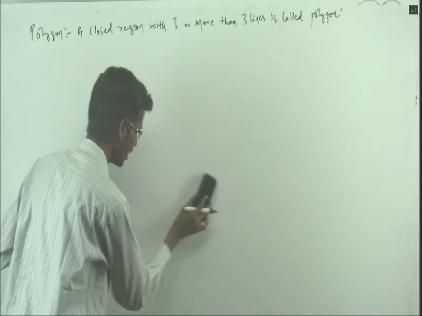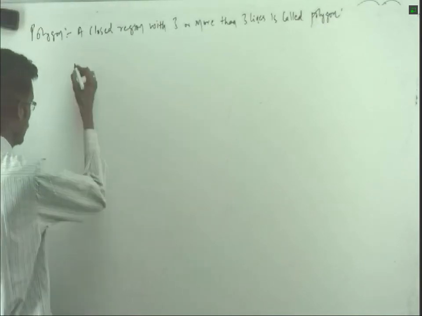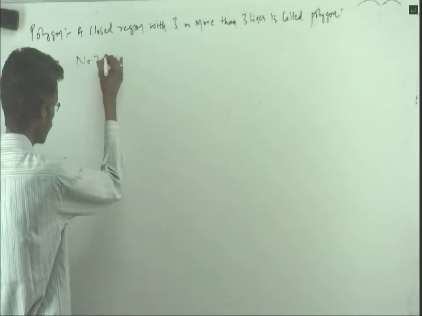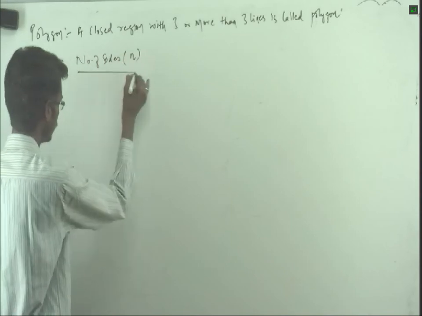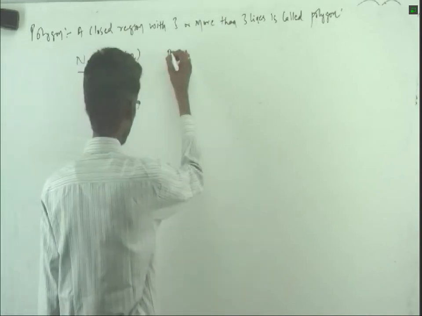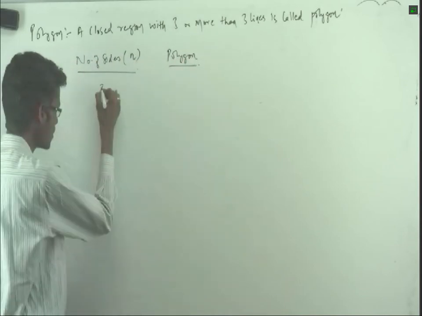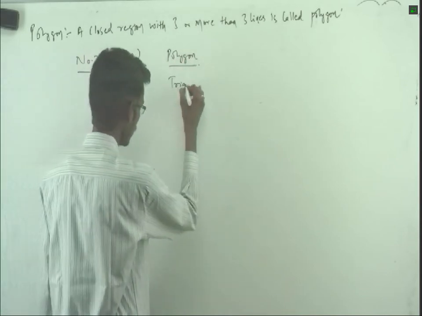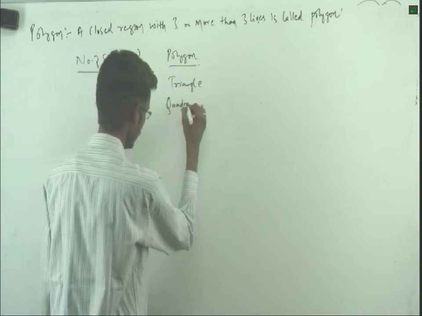Now, based on the number of sides of a polygon, polygon classification has been done. Let us say that the number of sides in the polygon, let us name it as n. If a polygon has three sides, we call it a triangle. Four sides, quadrilateral.